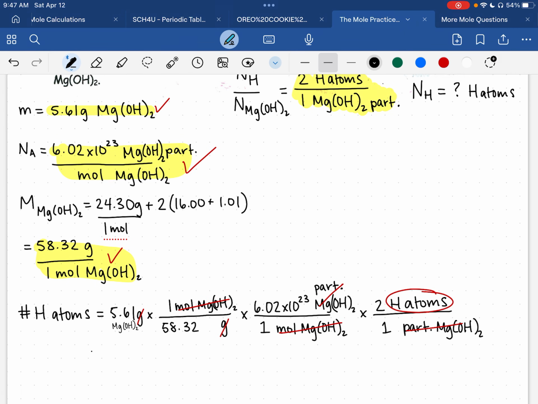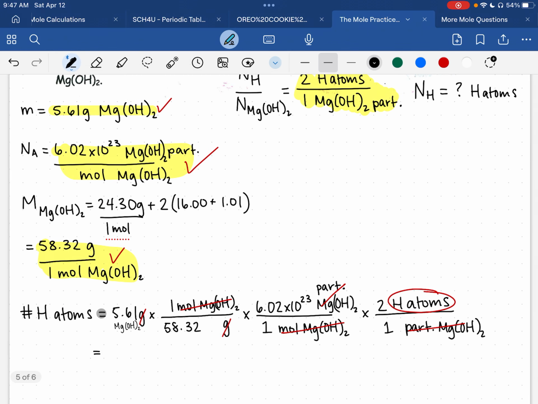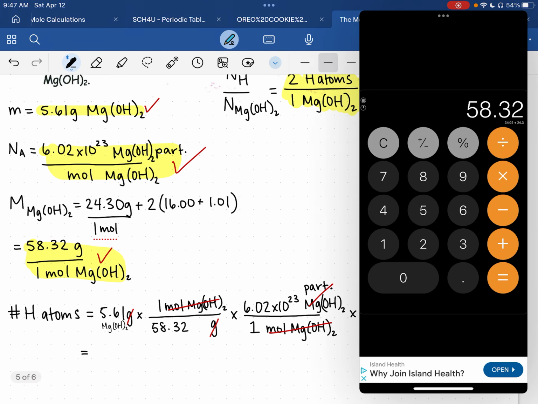So now let's plug this whole line into the calculator. Again, I could plug in each of those ones, but it's not going to mean anything. If you divide by 1, if you multiply by 1, it's just the original number. So I'm not going to put the ones into my calculator. Anything that's on the denominator needs to be divided by, and anything that's in the numerator is multiplied by this original number. So it's 5.61 divided by 58.32.